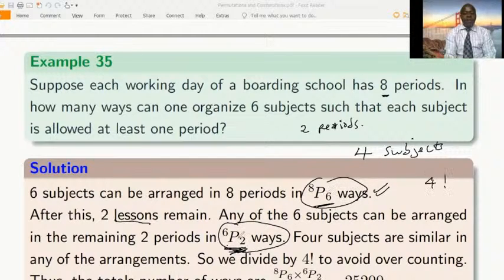We are dividing by 4 factorial just to avoid counting some of these subjects several times, because some of them have been repeated. That means there will be a repetition. 4 subjects will be repeated.